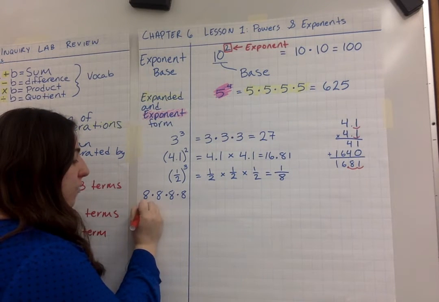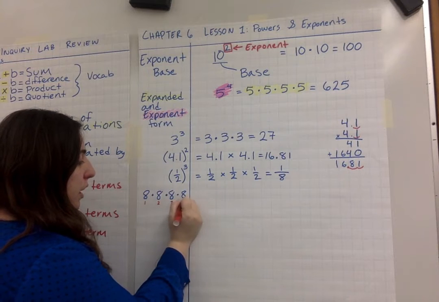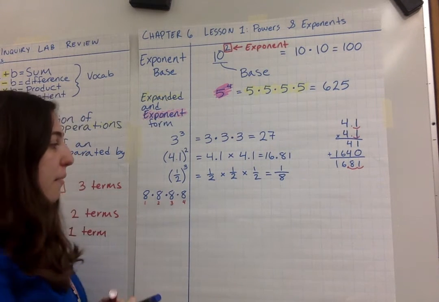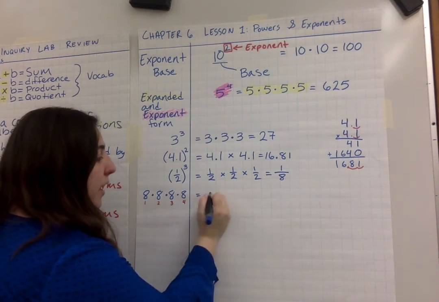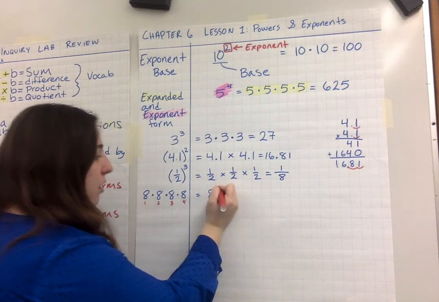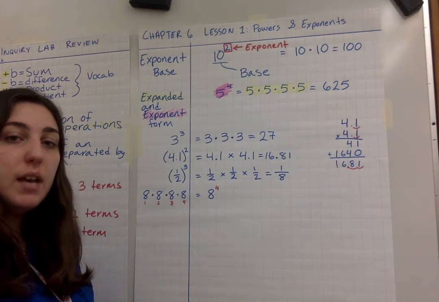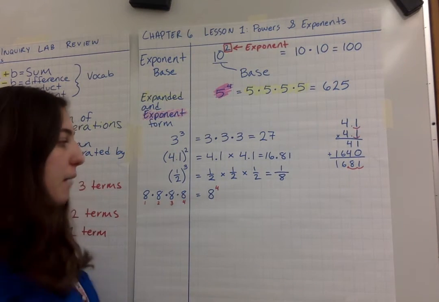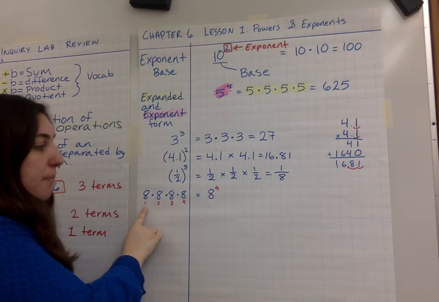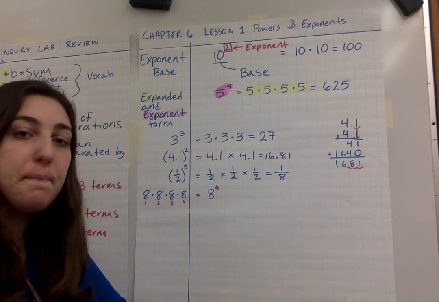So in this case, I have 1, 2, 3, 4. I have 4 8s, so that means I'm going to write it like 8 to the 4th power. Okay? 8 to the 4th power. That means I have 4 8s. 8 times 8 times 8 times 8.